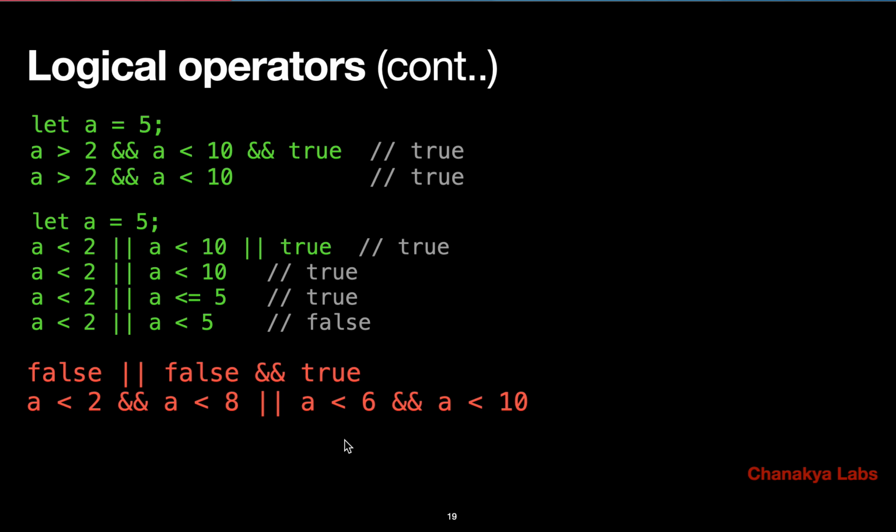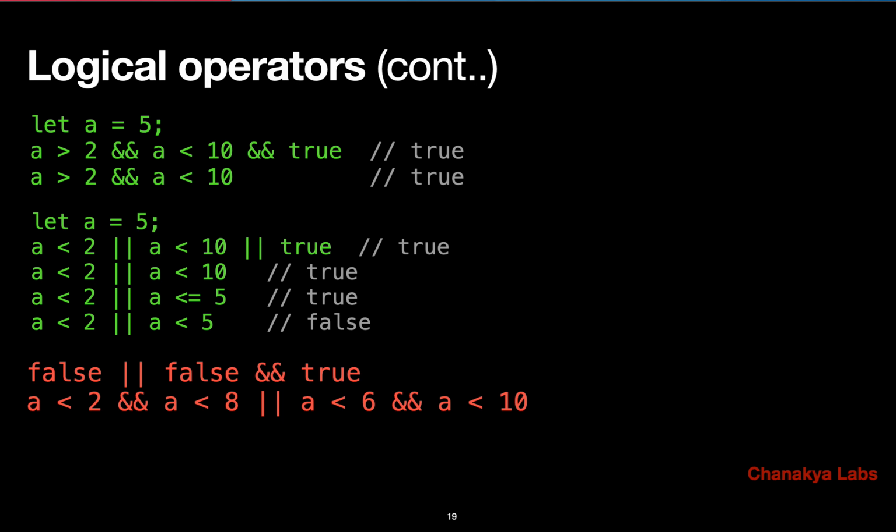Secondly, here also you can see and, or, and. What do you think? Firstly this and will be executed, this and will be executed, and then finally or will be executed? Or I will do this or first, and whatever the expression comes, that will be ended with this and this, which means this and this whole expression, whatever the final value, and this. So what is the grouping? What is the grouping? Okay.